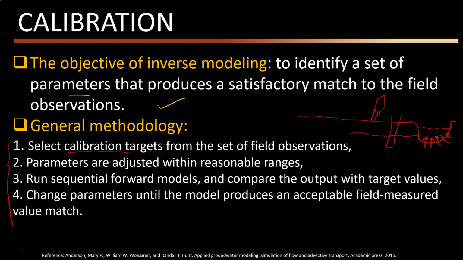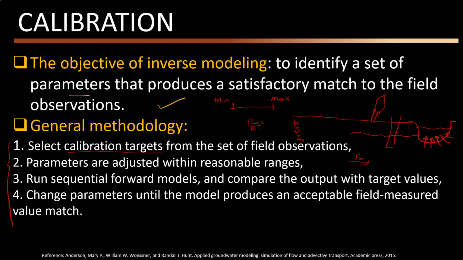Then you need to think about the reasonable range of the hydraulic properties, and also hydrological forcings like recharge, ET, and so on, and define a reasonable range for your parameters.